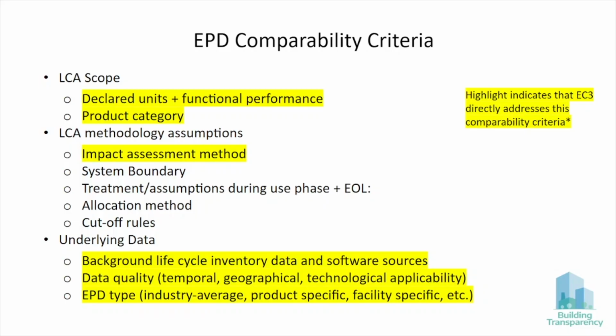For comparability of EPDs, it's also important that methodological assumptions are in alignment, including the system boundary, the treatment and assumptions made about the use phase and end of life, the allocation method, and the cutoff rules. These items are commonly defined in the PCR, so if two EPDs have the same PCR, they should be comparable regarding these assumptions, although it should be noted that EPDs with two different PCRs does not necessarily mean they're not comparable.